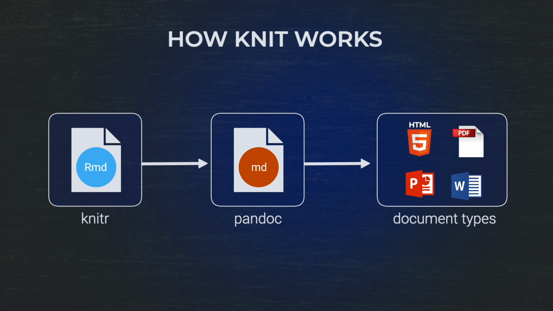If you also want to make that into a PowerPoint presentation to share with somebody, or a Word document in order to incorporate it into some other Word document, you can do all of these from the exact same R Markdown document. This is where the power of these R Markdown documents comes, is we can convert our code and our outputs into multiple different file types, all starting with the same code.